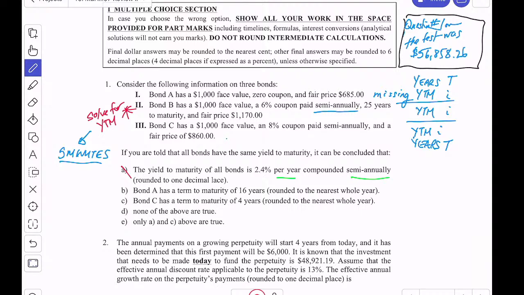So now you're going to solve, so this would be like step 1. Step 2 is to check with that rate, check if 16 years are the years to maturity for bond A. So for bond A, here's the information.